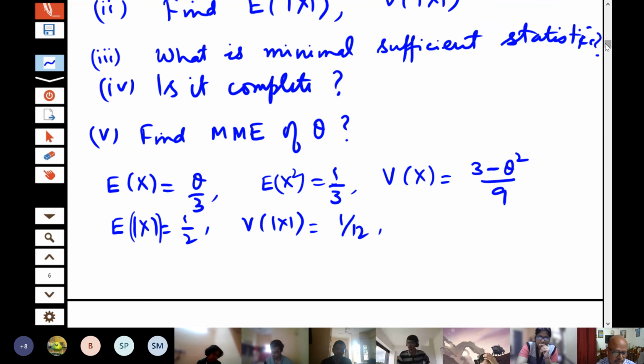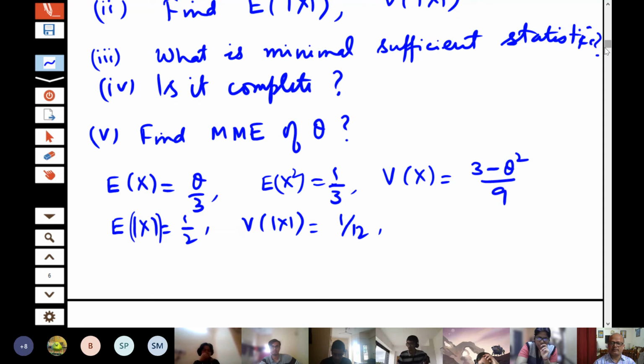So now we come to some questions here. What is the minimal sufficient statistic here? So you have to apply the definition here. That is, you have to write f(x; theta) by f(y; theta), and what is the necessary and sufficient condition for it to be free from theta.